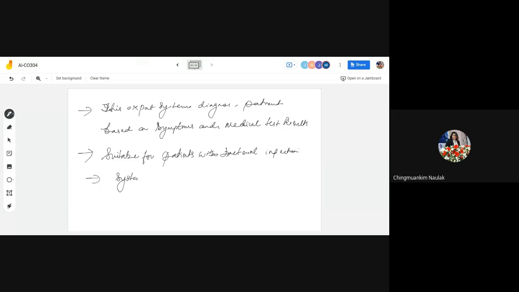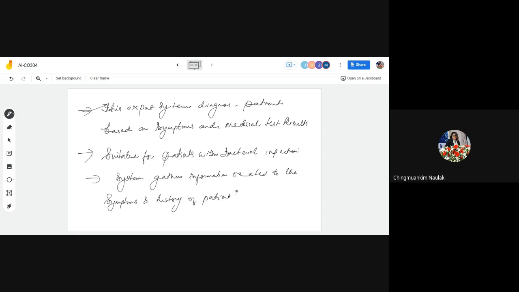How it works is it gathers information related to the symptoms and the history of the patient, which was already mentioned here. After gathering all this information, it starts to analyze and tries to find out the bacterial infection.